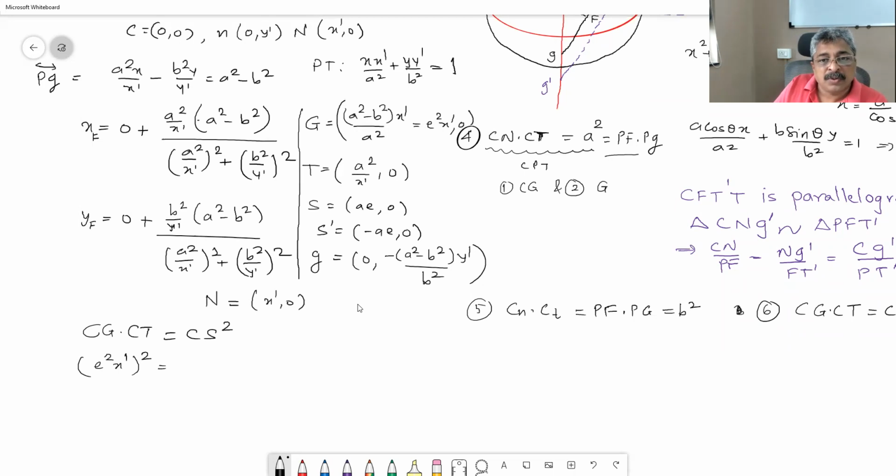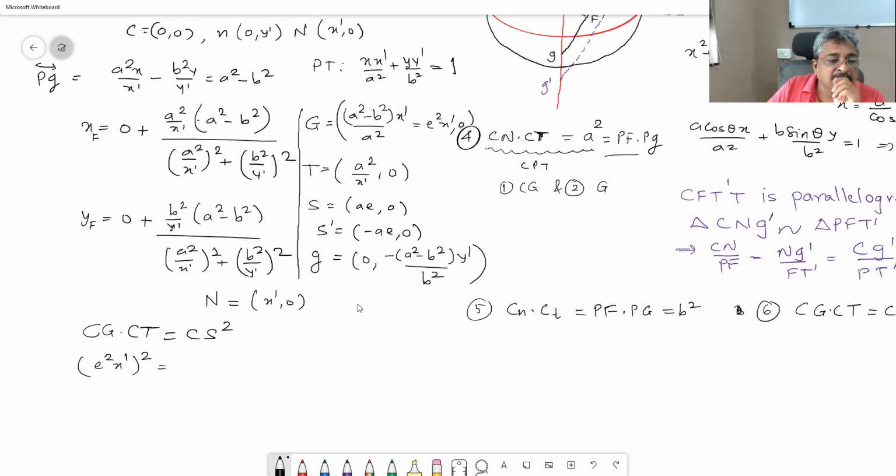Cg into Ct. Cg is E square x dash minus 0 bracket square plus 0 minus 0 bracket square. Okay.